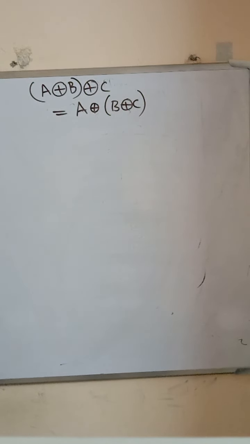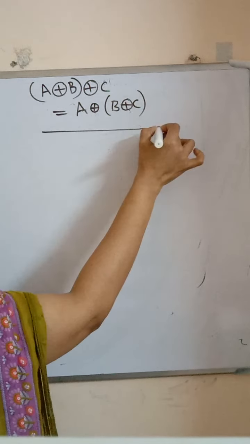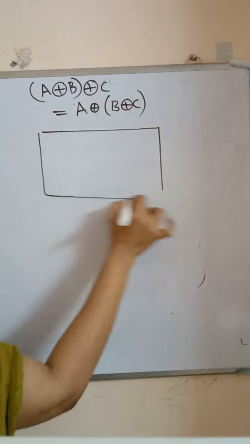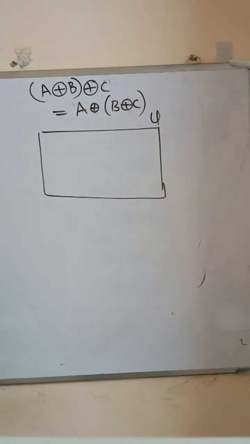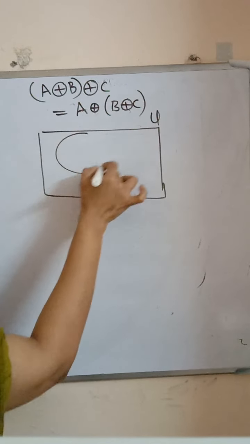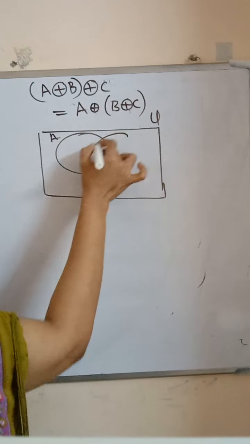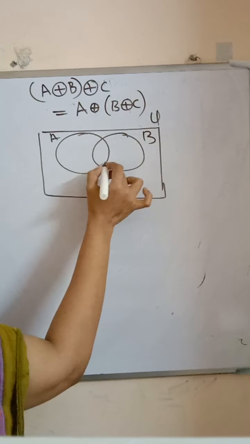Instead of shading the Venn diagram, let us label the various regions as follows. Not proving by shading, but by labeling some numbers in the set, then proving. The Venn diagram is like this: universal set, A, B and C.